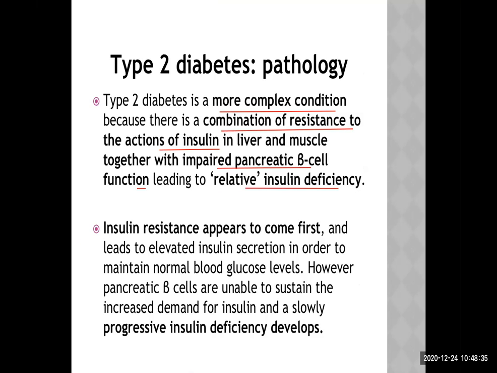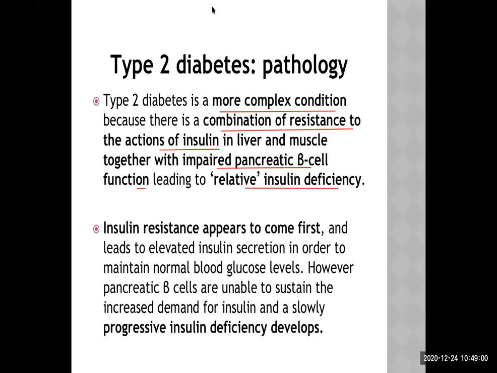Second, there is a problem in the release of insulin also from the beta cell. Usually there is decreased release of insulin from the beta cell, but sometimes, it is very interesting to know, the amount of insulin released by the beta cell is even more than necessary.